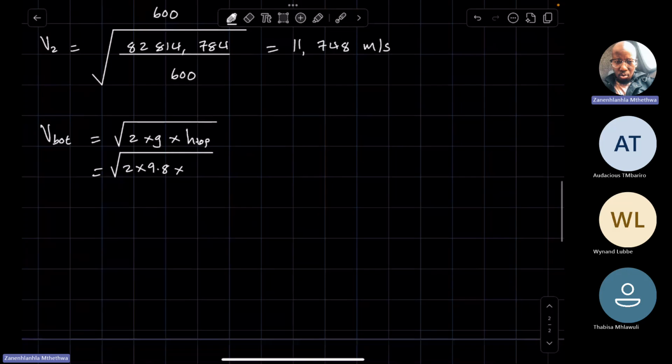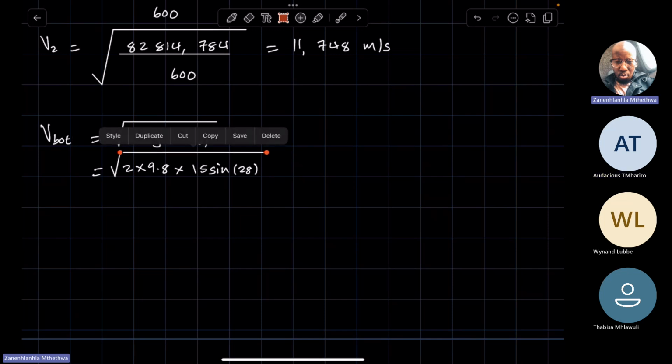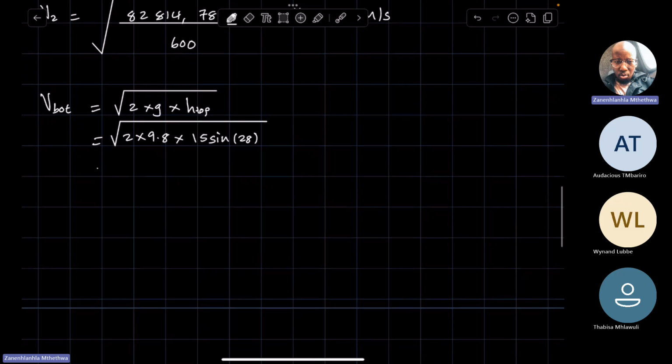So you write here 15 sine 28, and you will get something equivalent to what we got at the top. So square root of 2 times 9.8 times 15 sine 28 is equal to 11.748 meters per second.